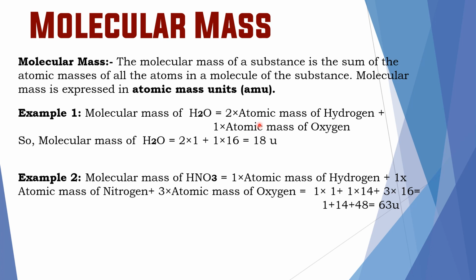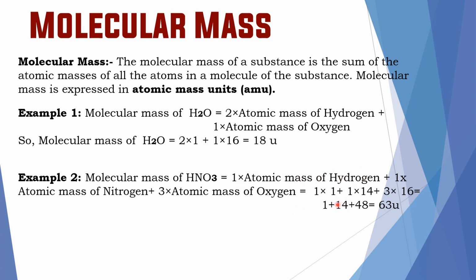Same as example 1, we will do this also. 1 into atomic mass of hydrogen plus 1 into atomic mass of nitrogen plus 3 into atomic mass of oxygen. So we'll just do that calculation.